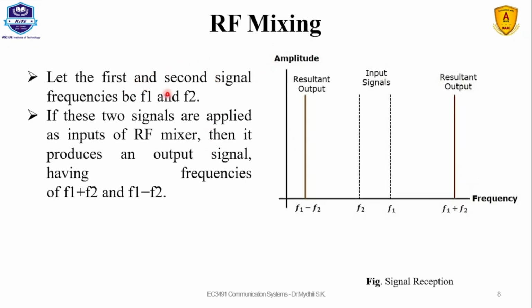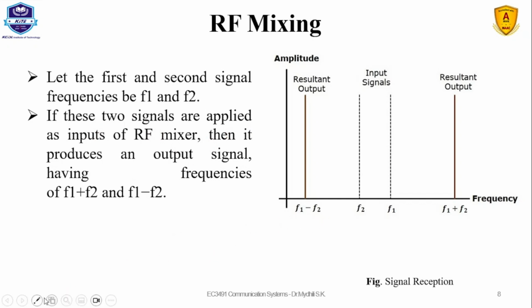Let us first discuss two frequency signals. Let the first and second signals be F1 and F2. The resultant output will be either F1 plus F2 or F1 minus F2. The intermediate frequency is the one present between these two frequencies, and if these two signals are applied to the RF mixer, it produces F1 plus or minus F2.